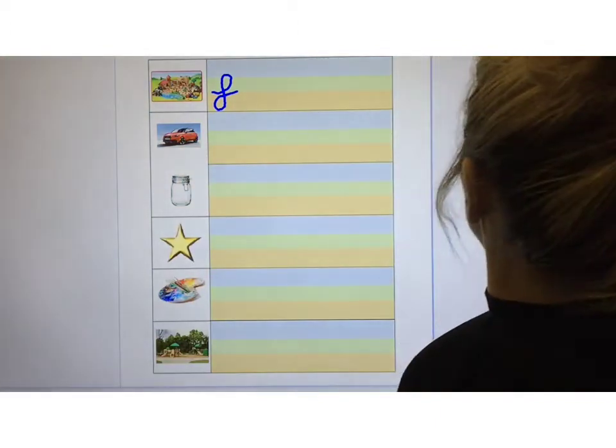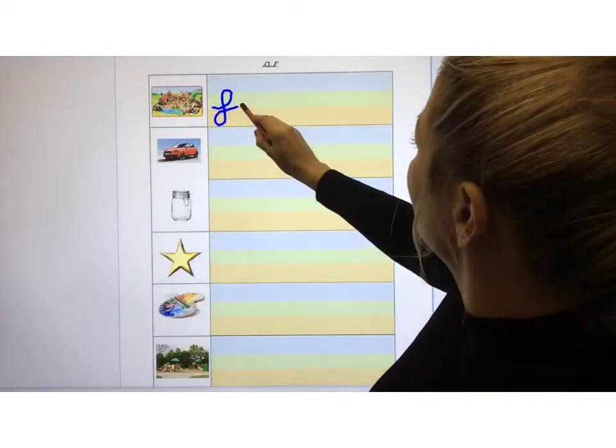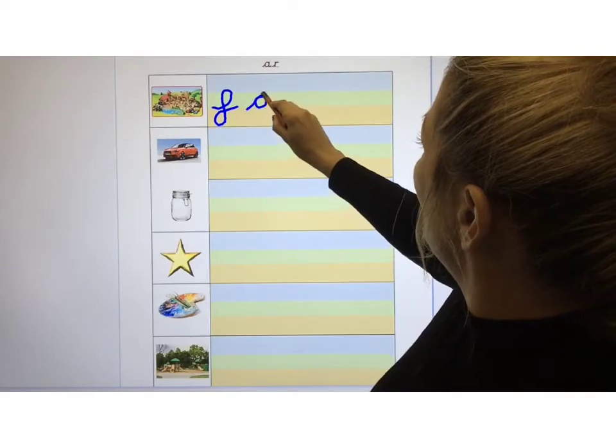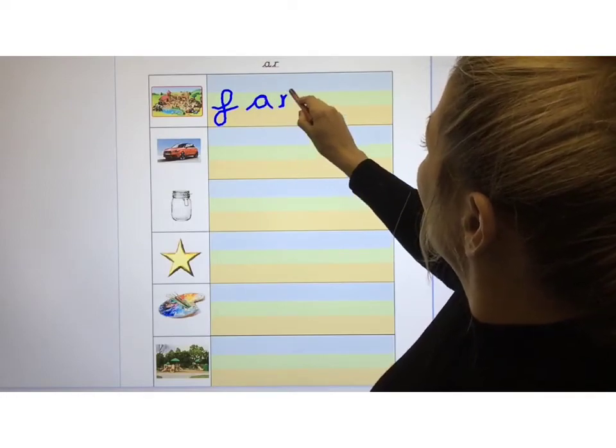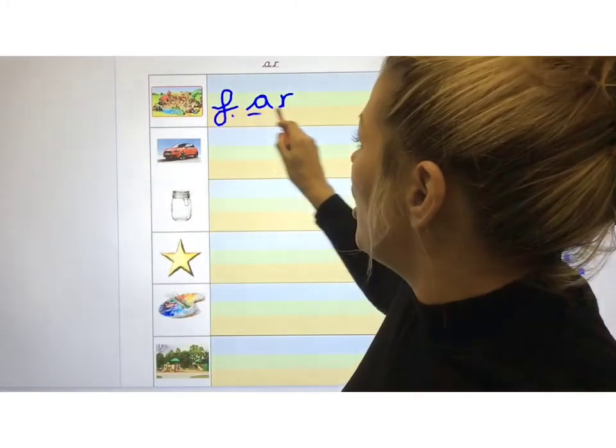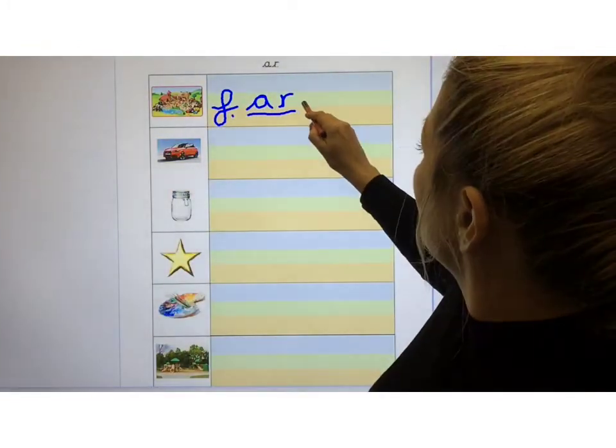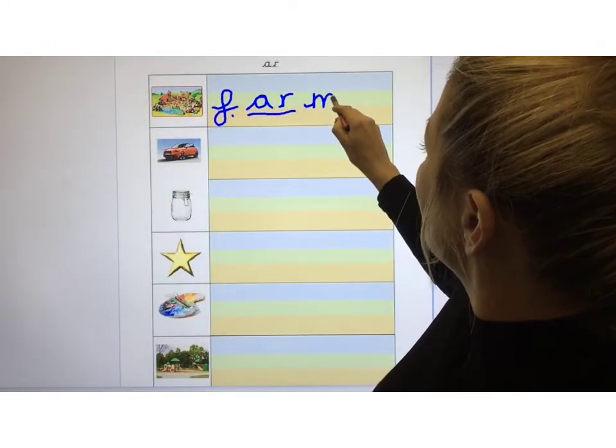R. I'll look at the top of my paper. R. Far. Do sheep and pigs live on a far? No, they live on a farm. Don't forget Maisie. Farm.